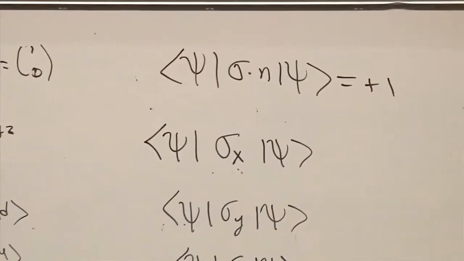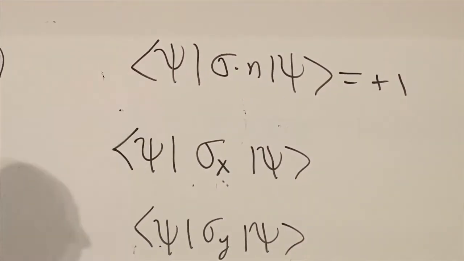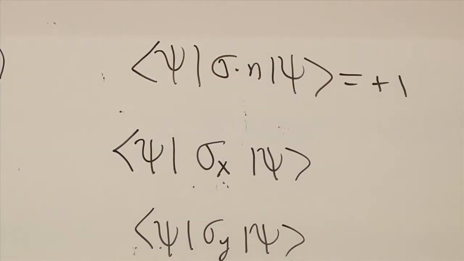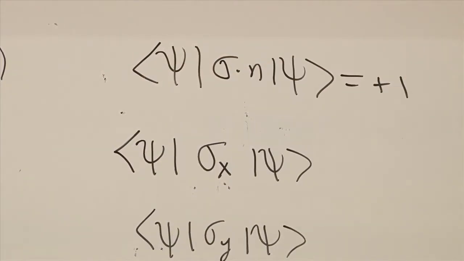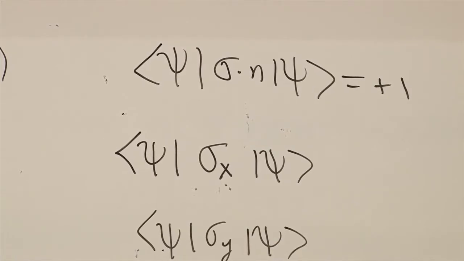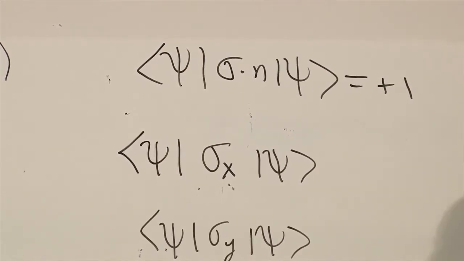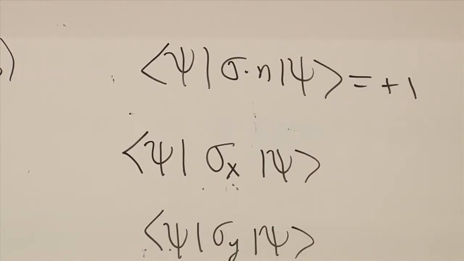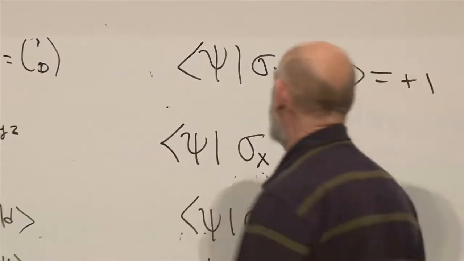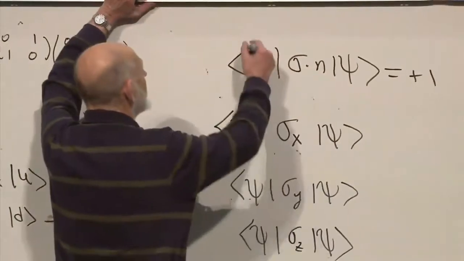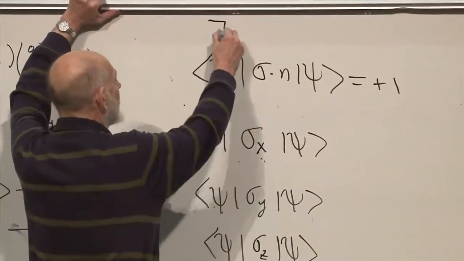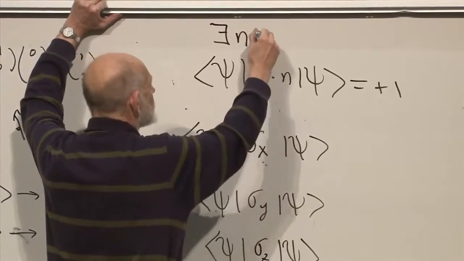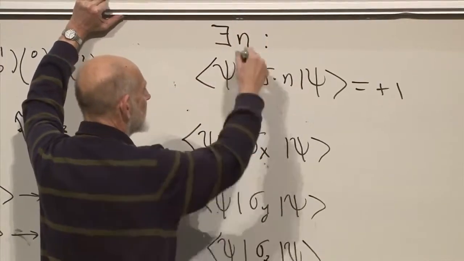The average of sigma dot n, if sigma dot n is definite, if it's known and there's no ambiguity about it, is just equal to the value that it's known to be. So there is always some n. For any psi, there exists an n such that this is true.